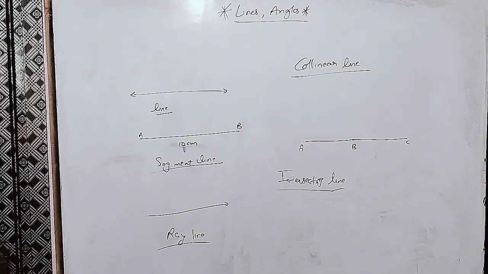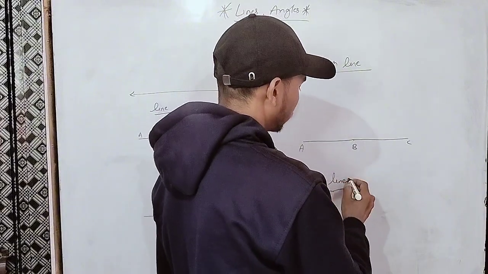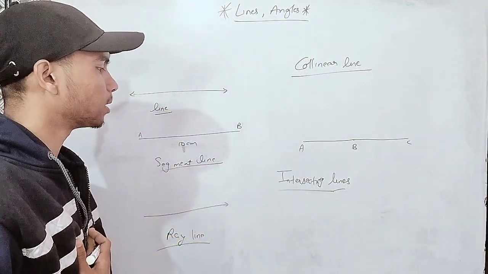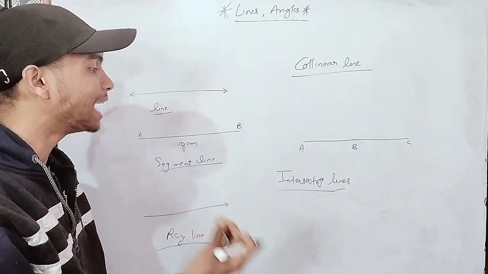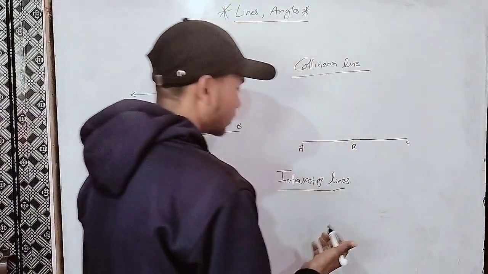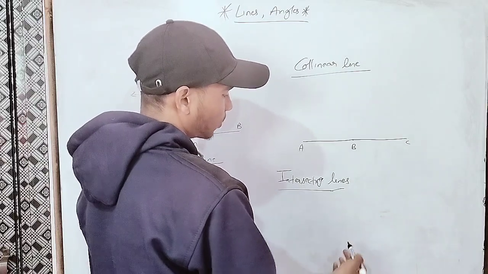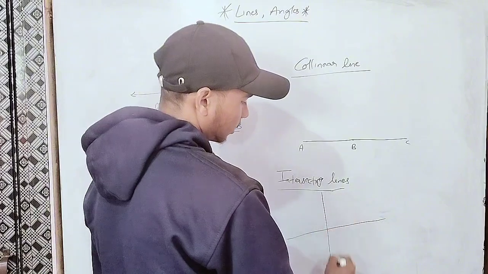Our word is saying your lines are intersecting. So of course we are saying lines, so two lines. Two or more you can say. We should have two lines like that.